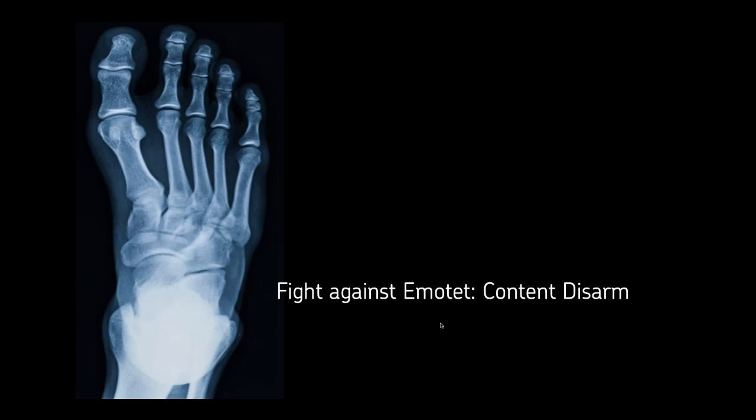Everyone who says that, I can't believe that. So in addition to the several engines we provide, we have a technique we call content disarm and reconstruction, CDR. It's similar to an X-ray, which you get when you go to the doctor and maybe you have a broken arm or something like that.